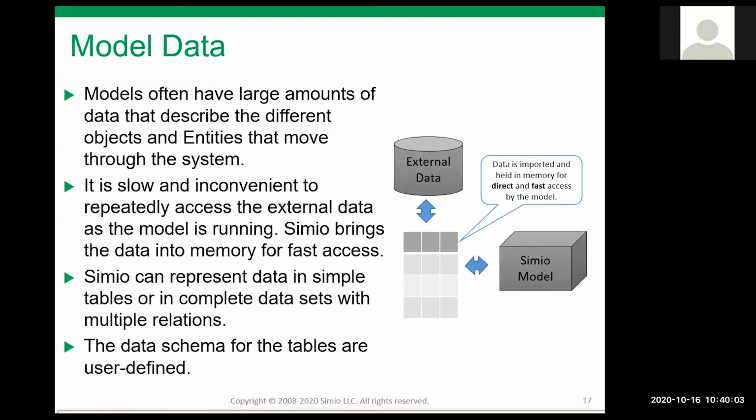Okay. Another one of the tabs at the top of the facility window is the data tab. And this is where our data is represented. In Simio, models just in general have large amounts of data. As I mentioned, it wasn't too many years ago when a model that exceeded 1 megabyte would be considered a very large model.